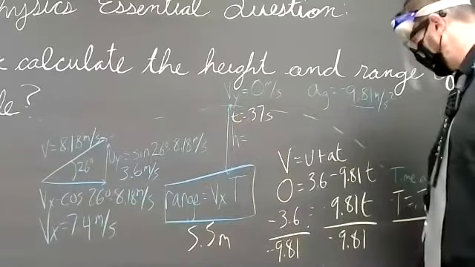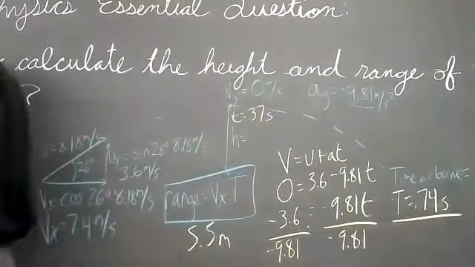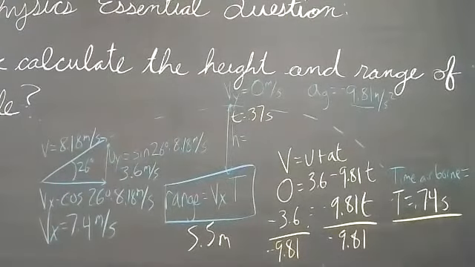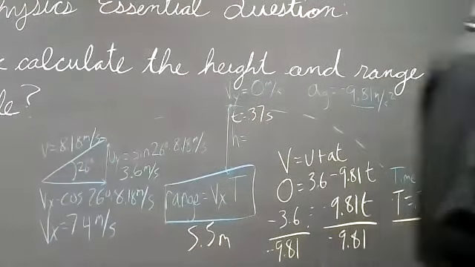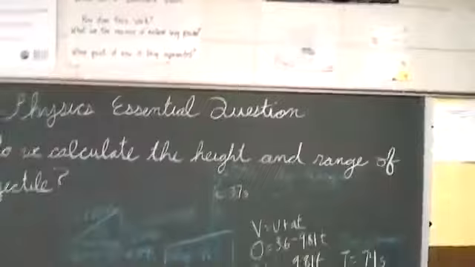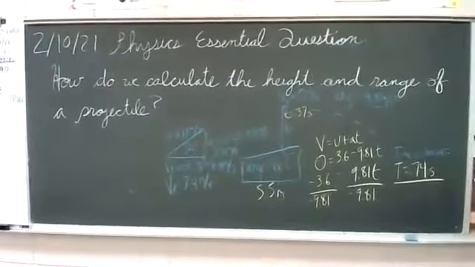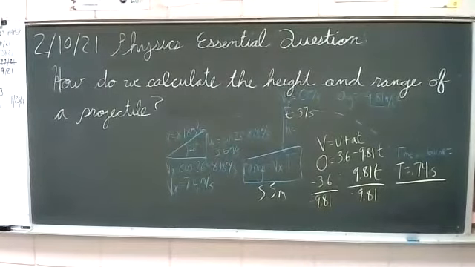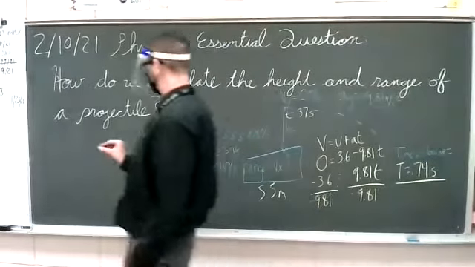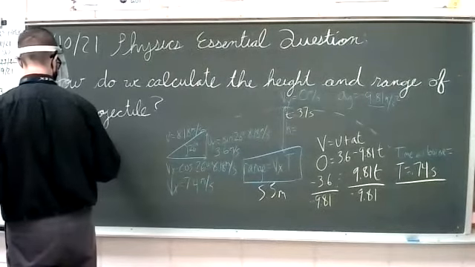Okay, so that comes from the equation of motion. s equals ut plus 1/2 at squared.